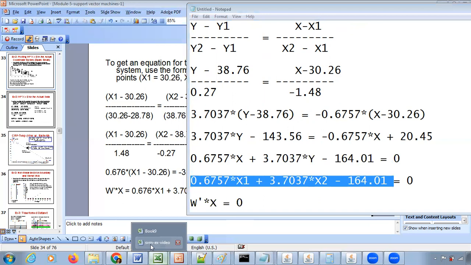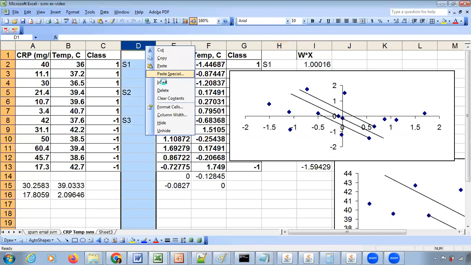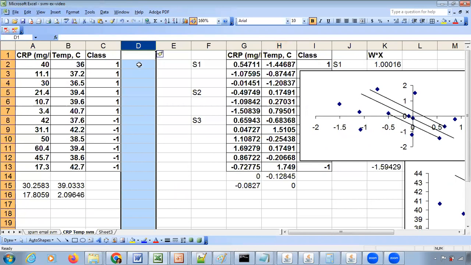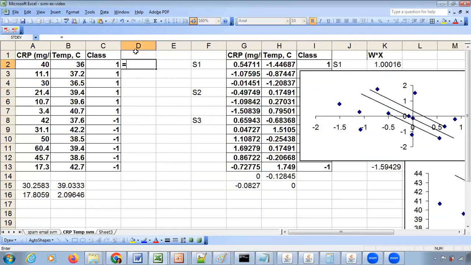Let me do that here. So this should be x1, a2, that cell, plus x2, which is b2. Okay, so this comes out to be negative 3.648, and I know a reason why it is.